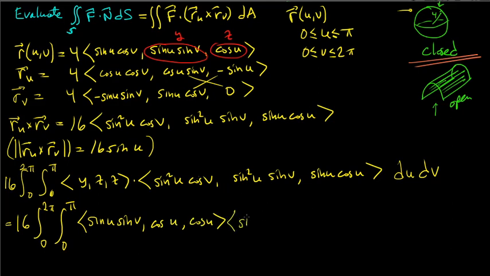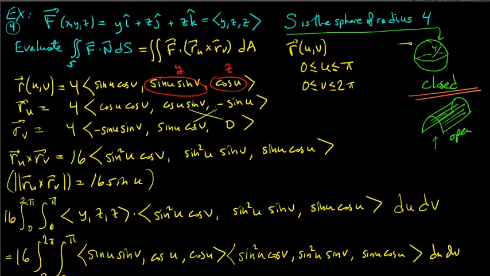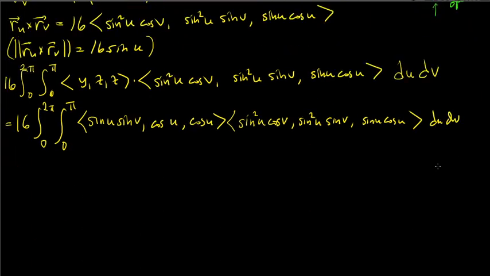I'm going to run out of space, so let me squeeze it in here. Sine of v, and then sine u cosine u, right? I think that's it. du dv. Sine u cosine u. Yeah, just making sure.